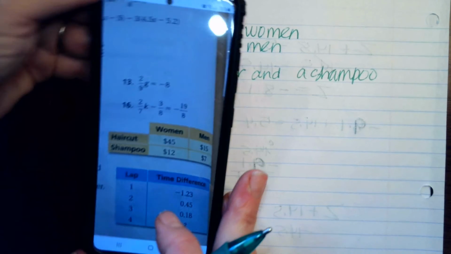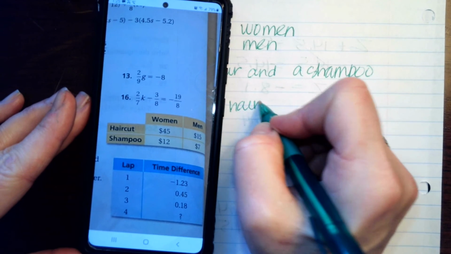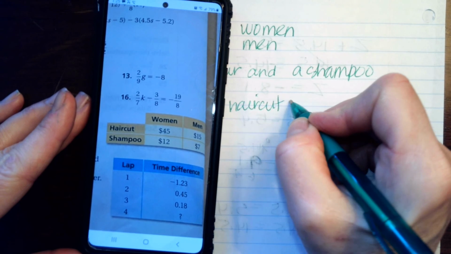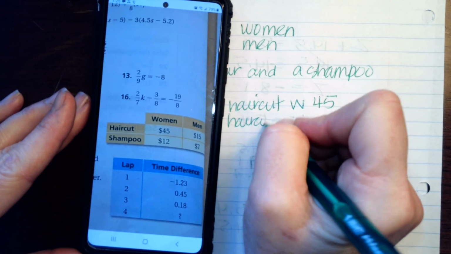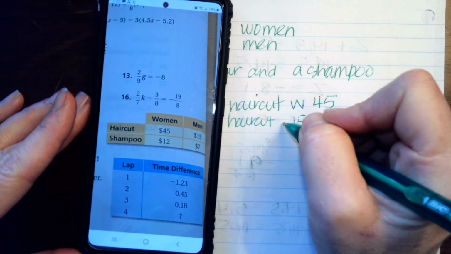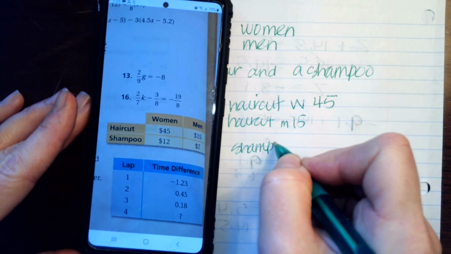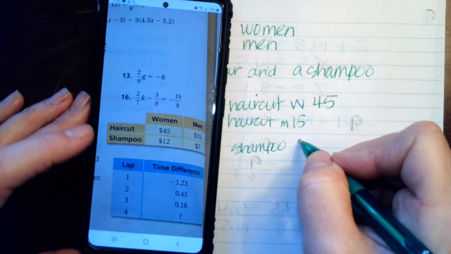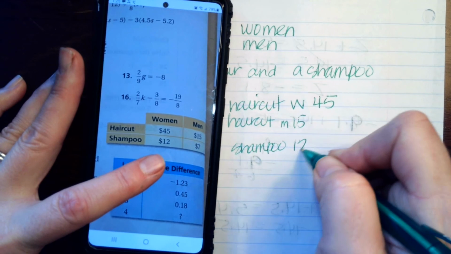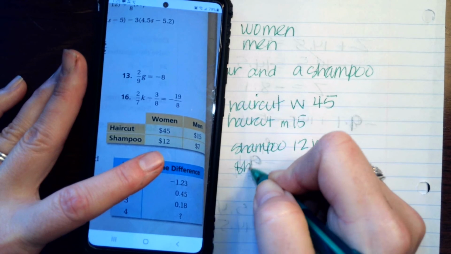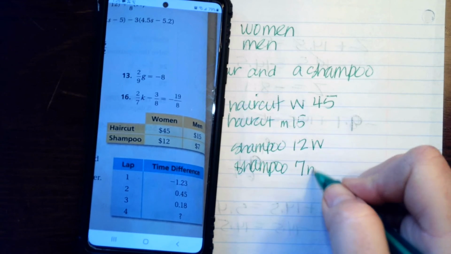Okay, so a haircut is $45 for women, and a haircut is $15 for men. A shampoo is $12 for women and $7 for men.